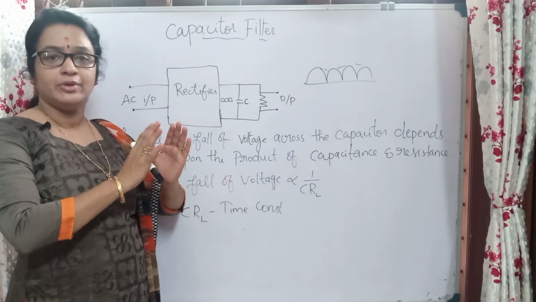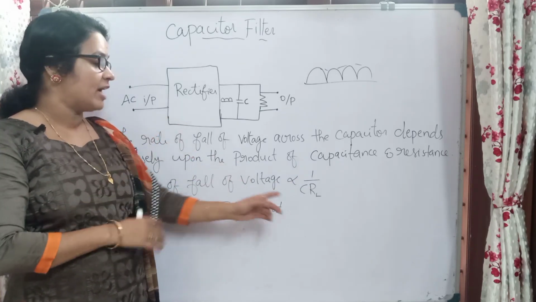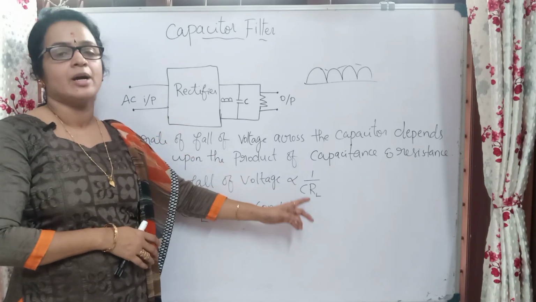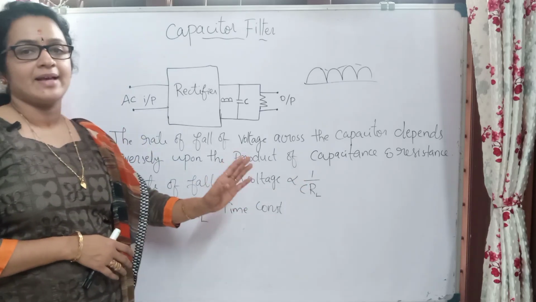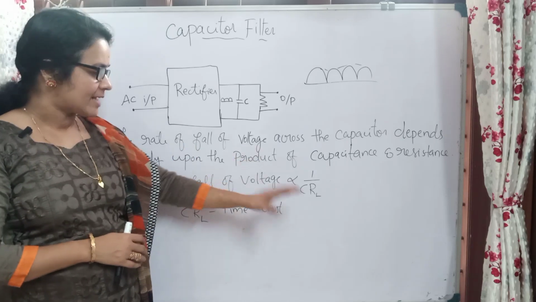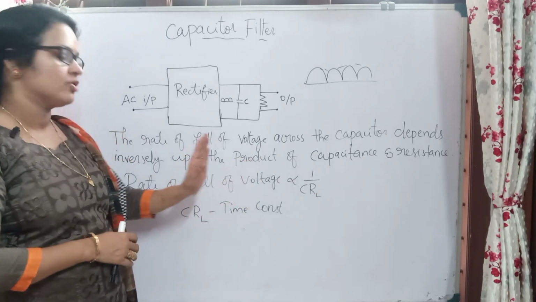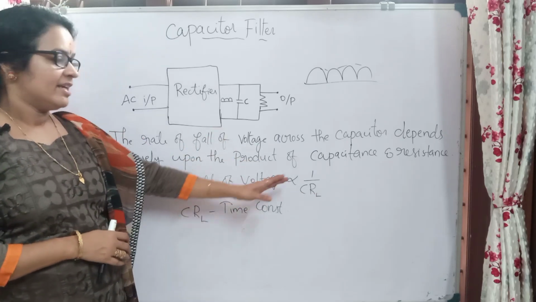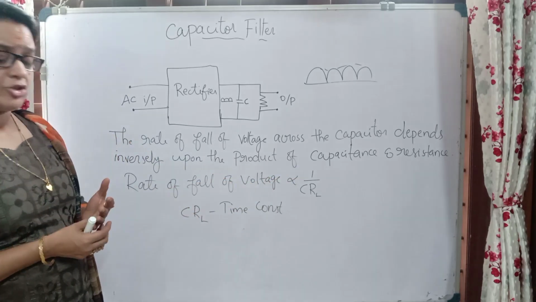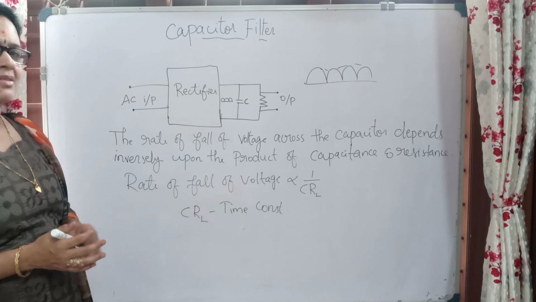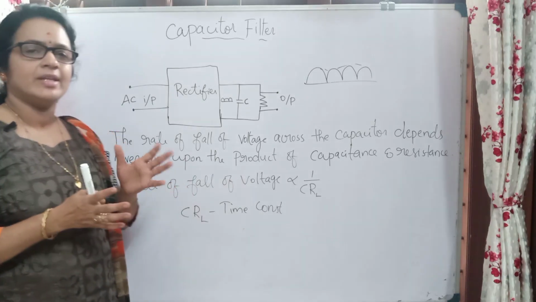For that we have to use a very high value capacitor. So high capacitance we have to use here for getting the time constant as a high value. If the time constant is high, the rate of fall of voltage becomes very less. What is the meaning of that? The discharging will happen very slowly.